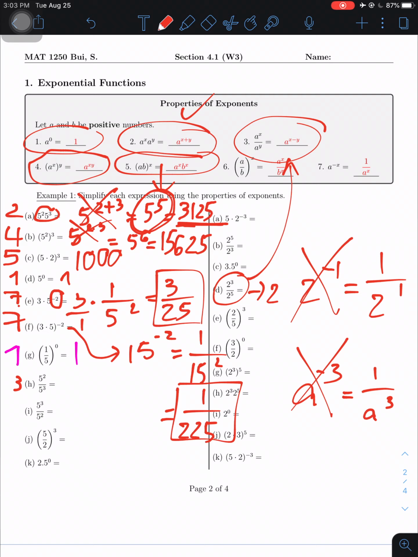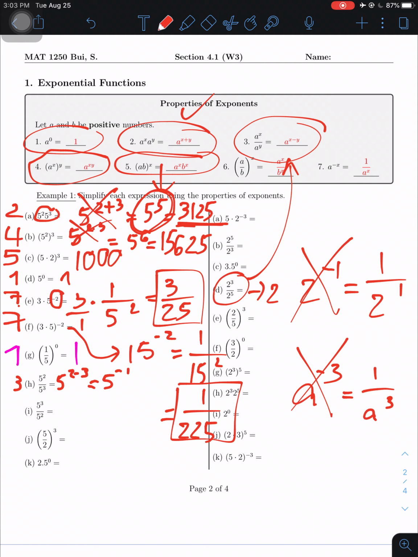The way that you do it is you're going to do 5 because it's the base, and then the top exponent minus the bottom exponent, which is 2 minus 3. Hopefully everyone gets negative 1, not 1. If you don't know why, please ask me before the quiz this week to clarify why 2 minus 3 is negative 1, not 1.